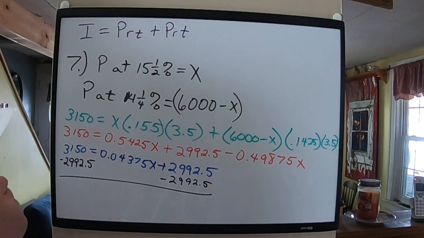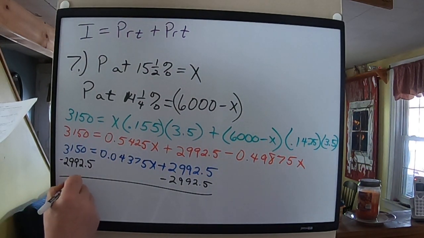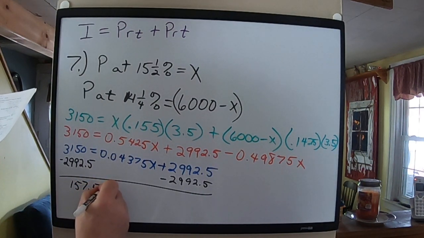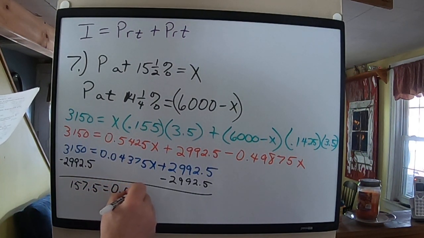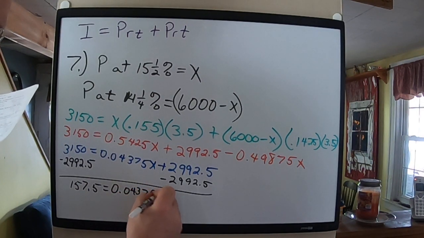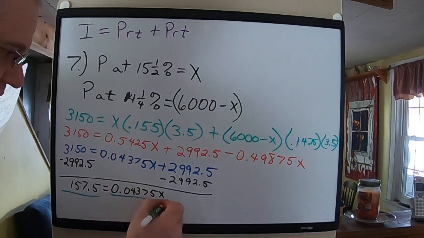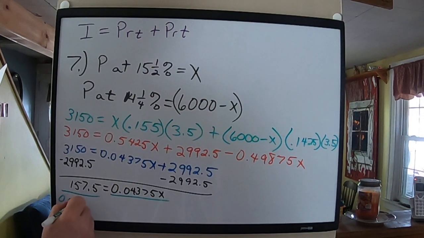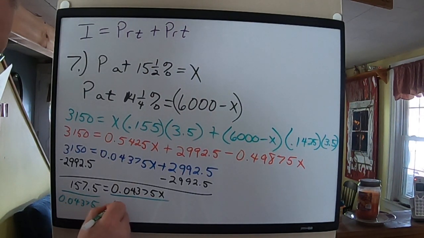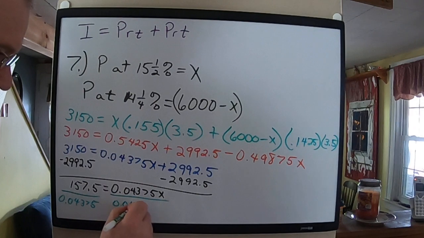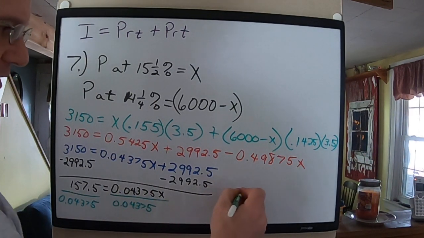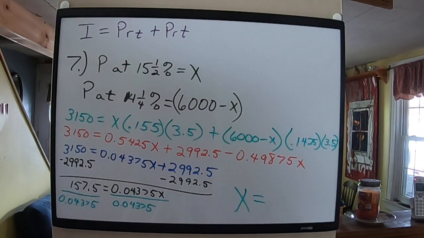So that gives me 157.5 equals 0.04375x. All right. I'm going to divide both sides by that decimal, 0.04375. X equals 3,600.